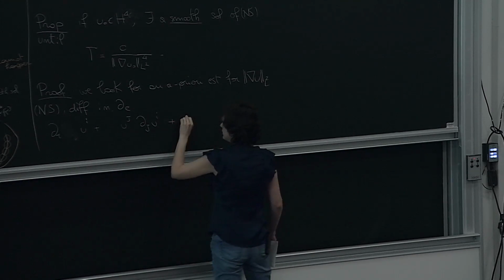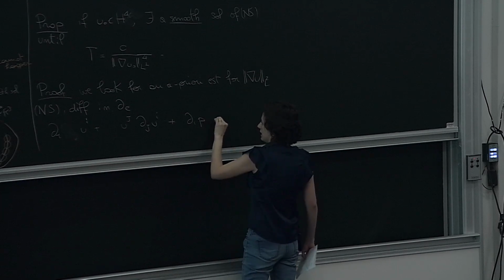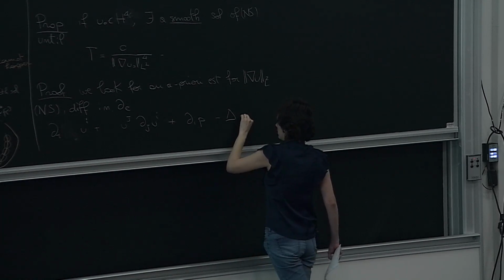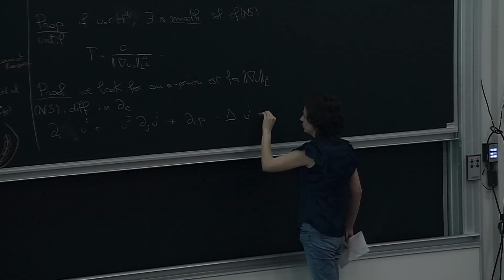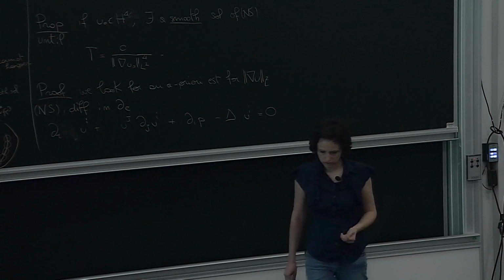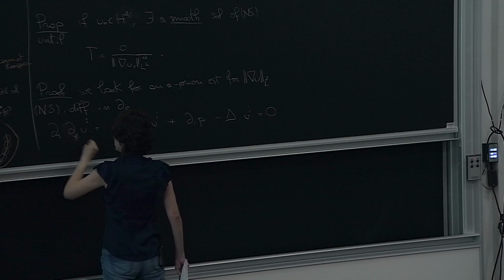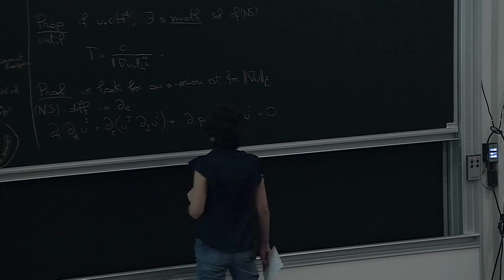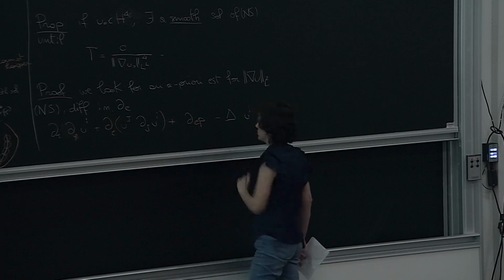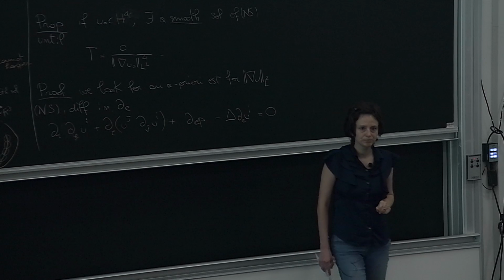Then I have the pressure gradient, and then the Laplacian of Ui, and then the right side is zero. Now I differentiate in a direction E. Here there is a nonlinearity, so I put the derivative outside. The pressure gets a derivative in E, and this term gets a derivative in E.